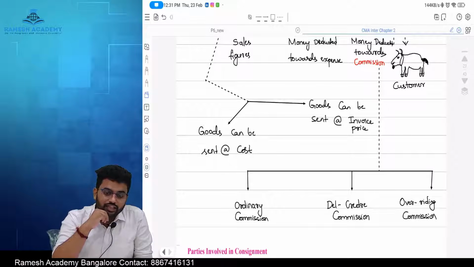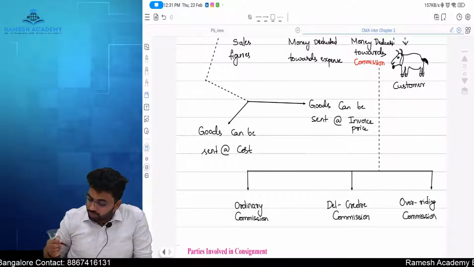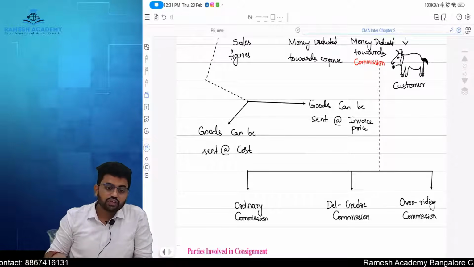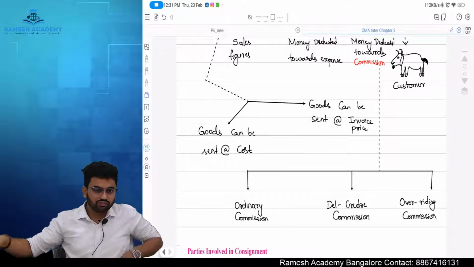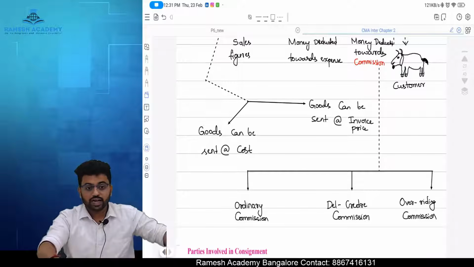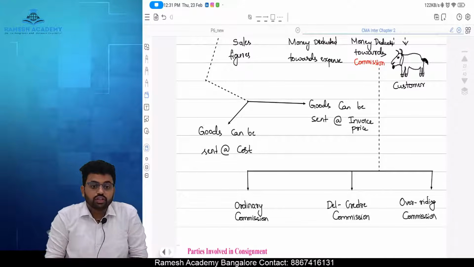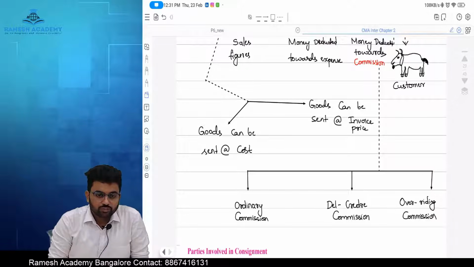Sir, what do you mean by del credere commission? I already told you any expense of the consignment should be borne by the consignor. And also we know that there is one major expense, usually major if there is no control over the debtors, that is our bad debt. So when there is a bad debt, usually the consignor should bear it.